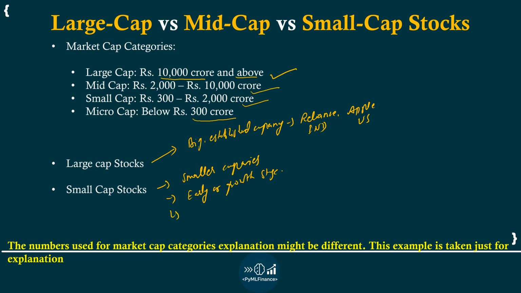They are highly risky. The business can collapse or the business can perform better. But these stocks also have higher potential reward. So high risk means high potential reward is possible over there.